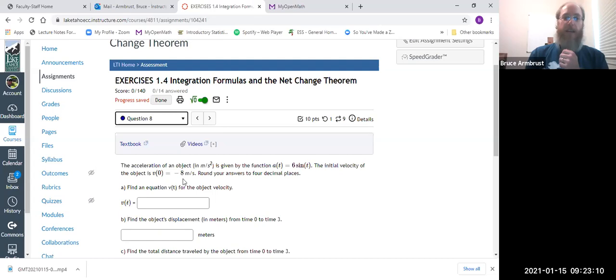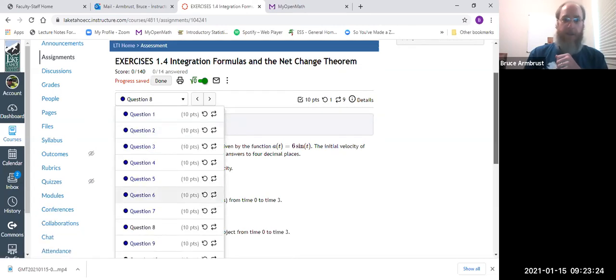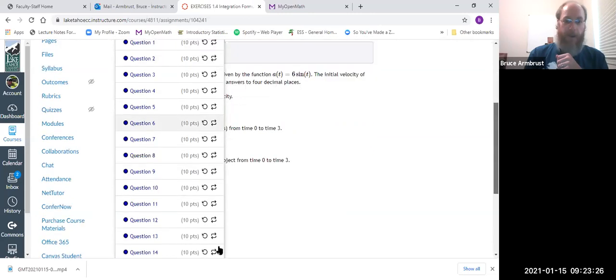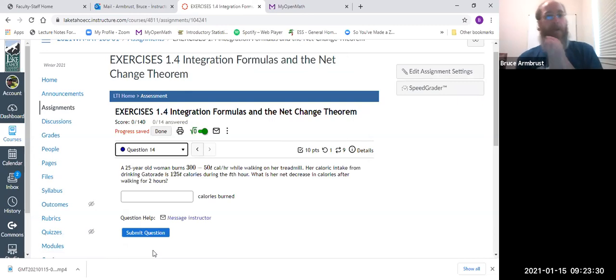They give you your initial velocity is minus 8 meters per second. And you can know that the displacement at 0 is 0 because it hasn't gone anywhere yet. So those two are both pretty similar. Let's see if 14 is along the same lines, then we'll just do that one and call it good as our example.